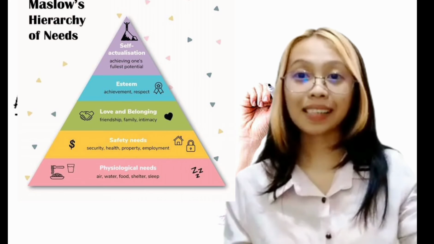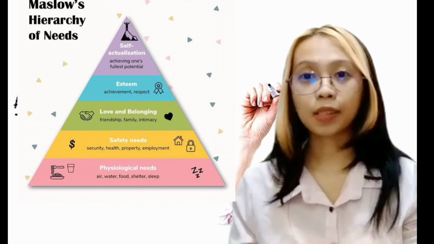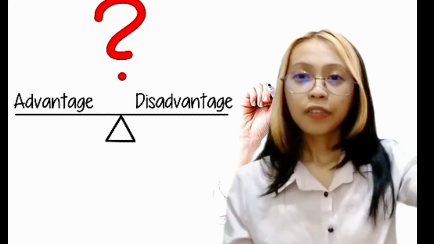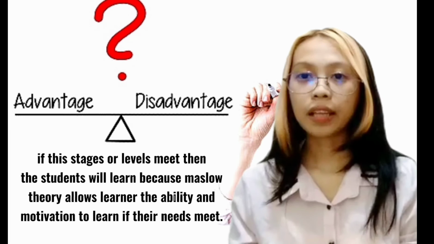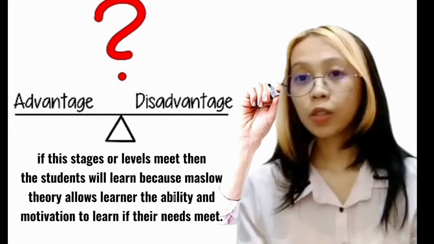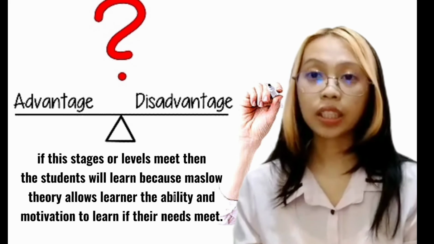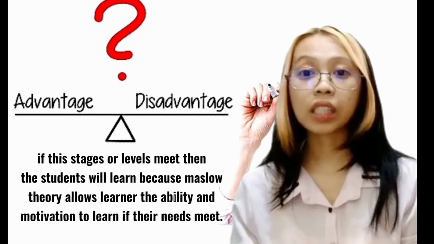This is the model that we are talking about, made by Maslow. If their stages or levels are met, then the student will also learn, because Maslow's theory gives the learner the ability and motivation to learn if their needs are met.